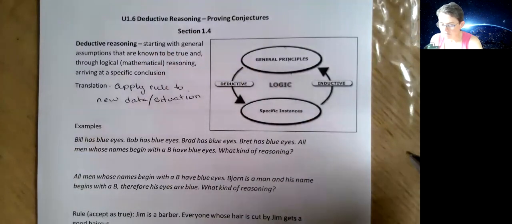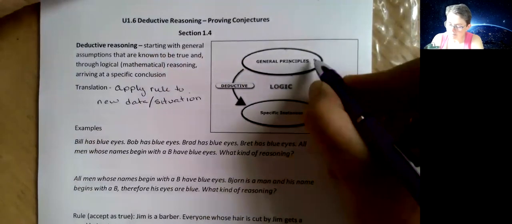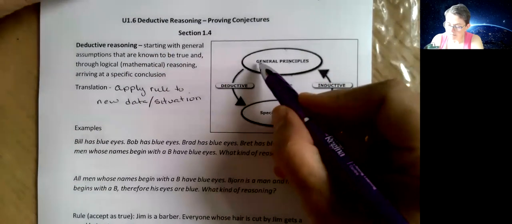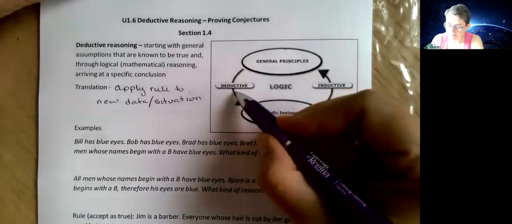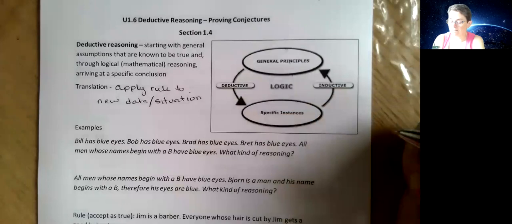Okay, so if you start with specific instances and then you make a rule, that's called inductive reasoning. If you start with the general principles and you apply them to specific ones, that is deductive reasoning.